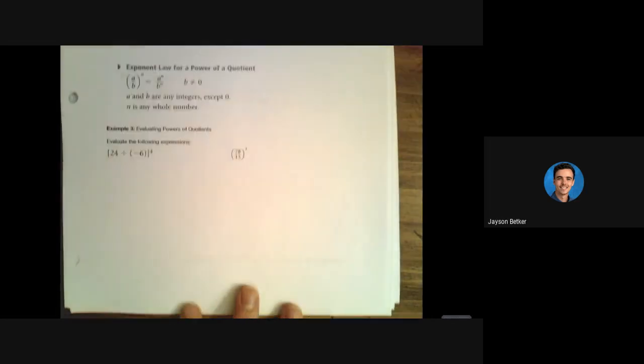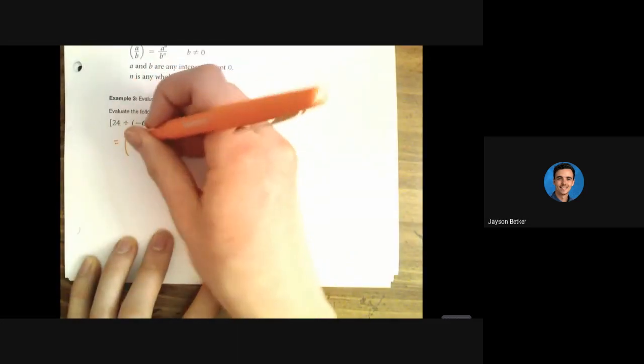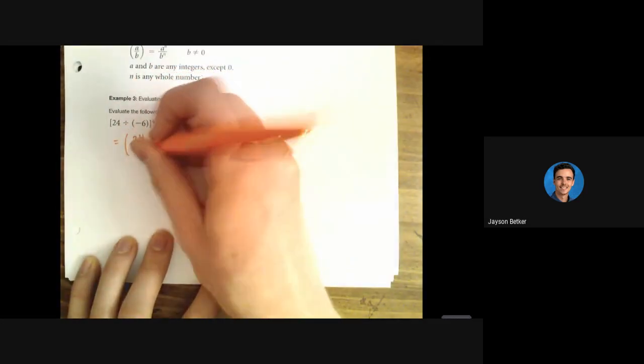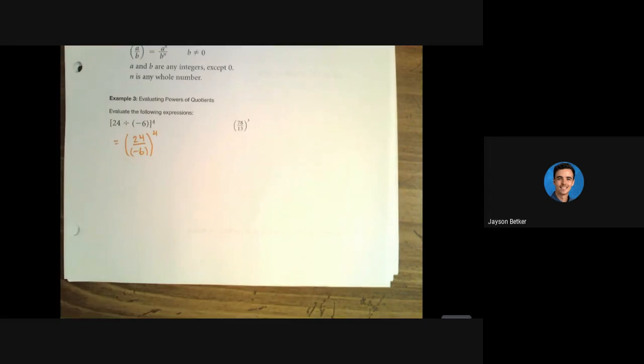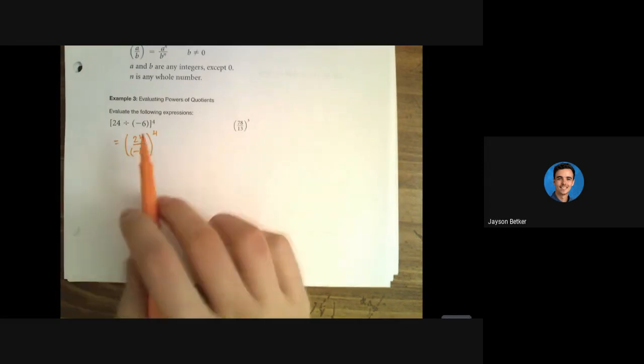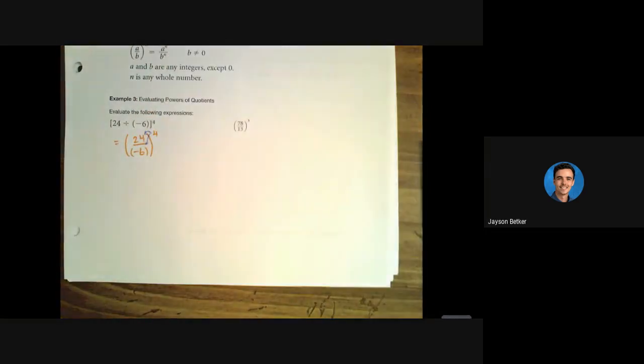Let's take a look at what that looks like with some examples. 24 divided by negative 6 to the 4. Let's write this out in terms that we're more familiar with. 24 over negative 6 to the 4. Now, using our rule, we know that that 4 comes in and latches on right there and puts itself right there as well.